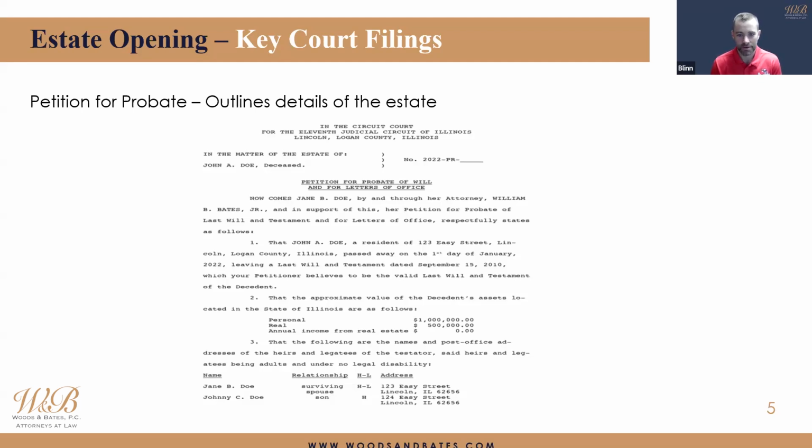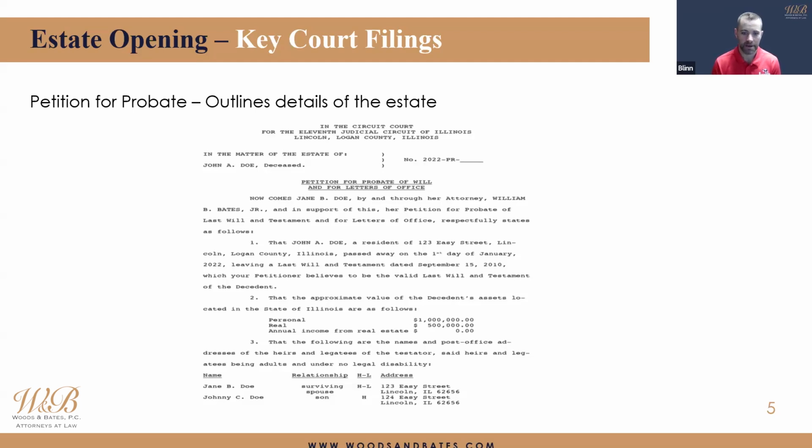He had a will. That will was dated September 15th, 2010. We believe that's the valid last will and testament. So our petition is going to also outline the values of the decedent's assets that they had in Illinois. And these are probate assets, so personal property, real property, and then any income annually from the real property.